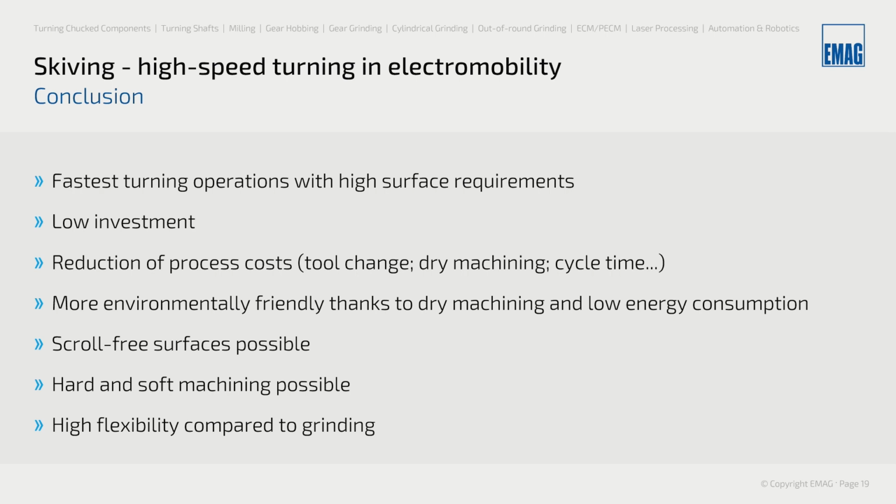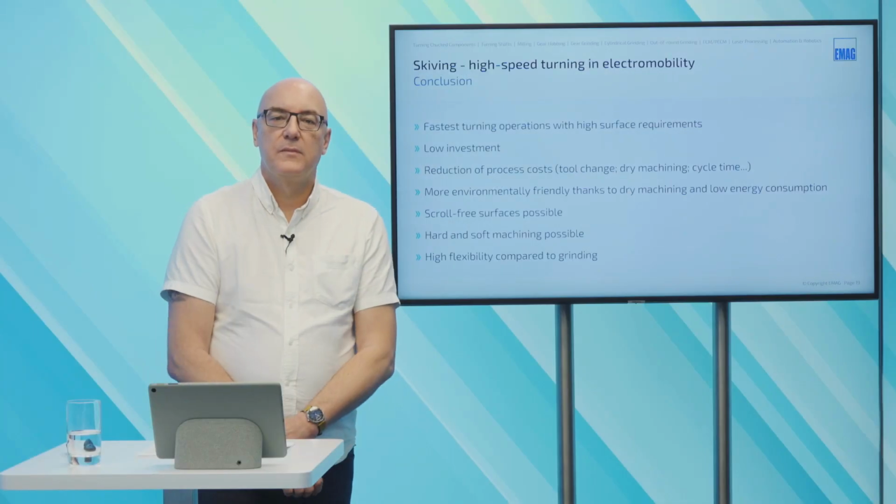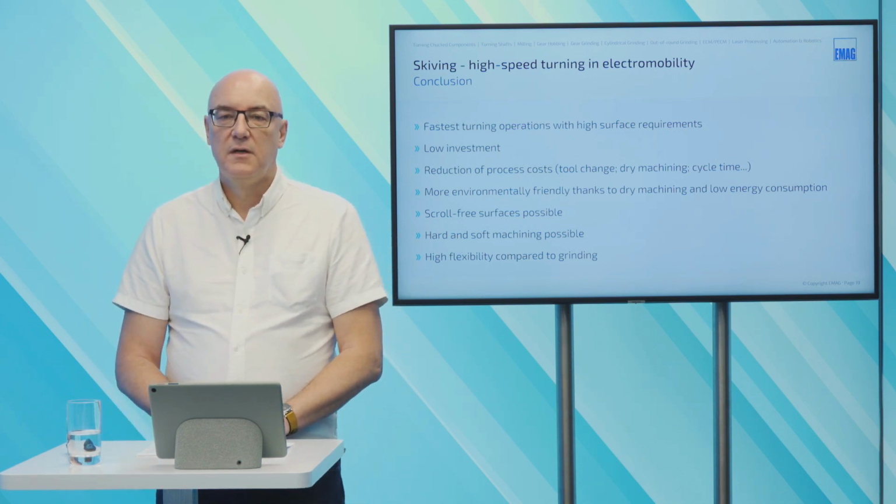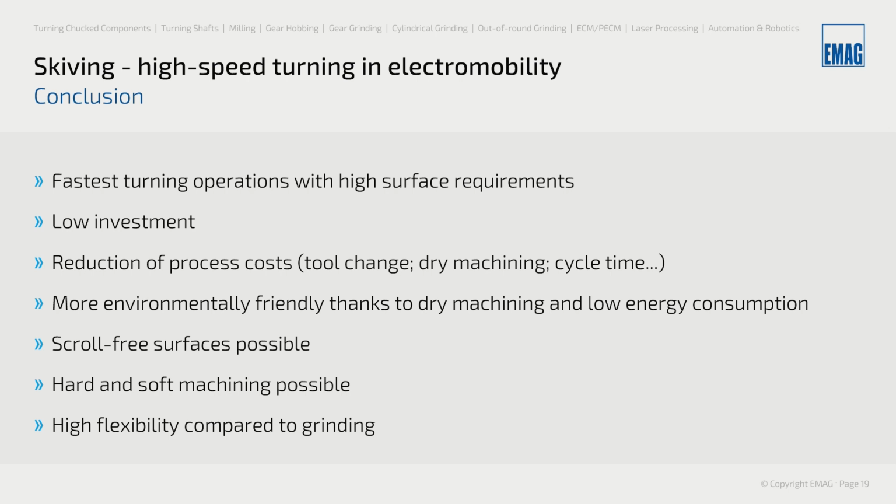So we have a conclusion, and what we have seen: we have the fastest turning operation with high surface requirements. We have low investment, especially compared with the grinding process. We can reduce the process costs, maybe with tool change, dry machining, cycle time, and so on.